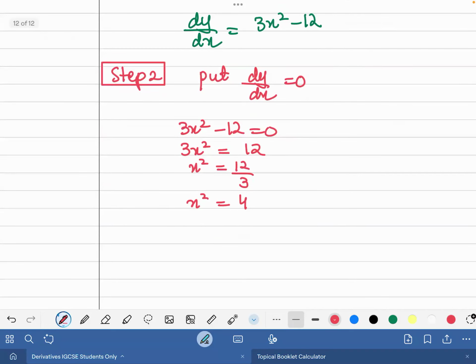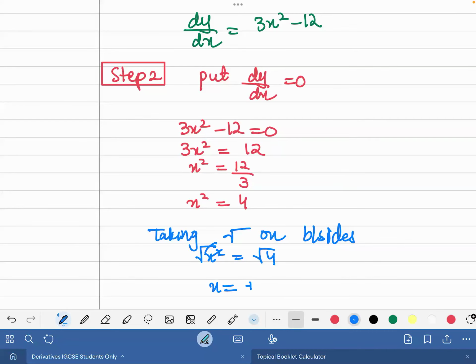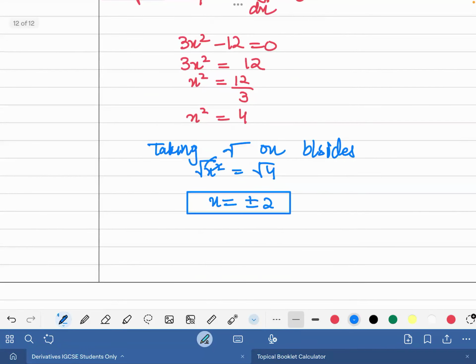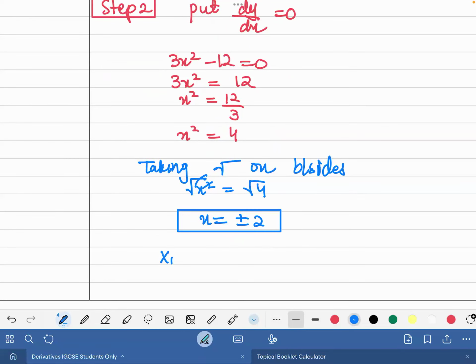Taking square root on both sides, square root of x square is equal to square root of 4. Square root cancels, so x is equal to plus minus 2. I got two answers for x: x1 is equal to 2 and x2 is equal to minus 2.